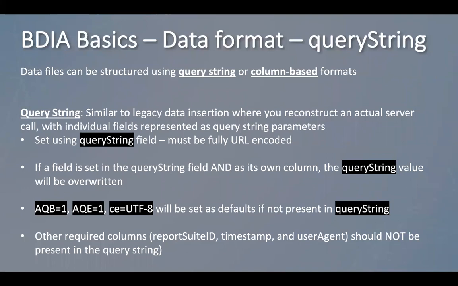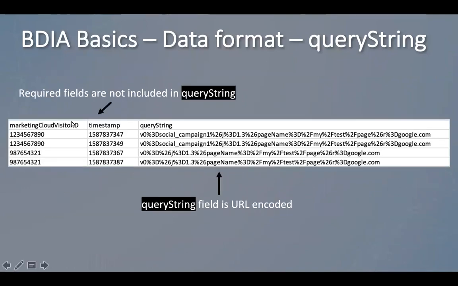So just to show you a quick example of that, we've got Marketing Cloud Visitor ID and timestamp as their own fields, but then I've got campaign, JavaScript version, page name, and referrer all included as query string parameters, and they are URL encoded. So this is essentially an example of what the file might look like using only the query string field.